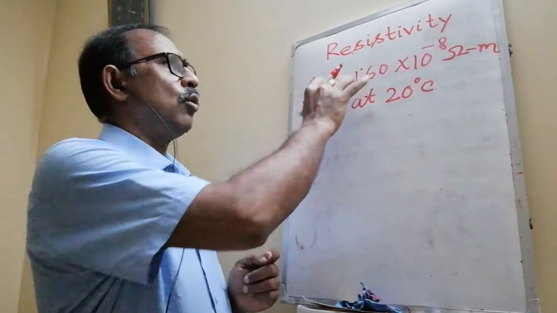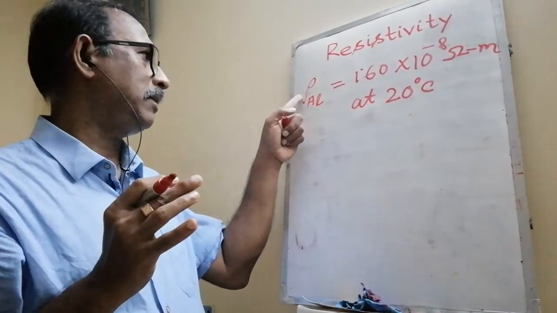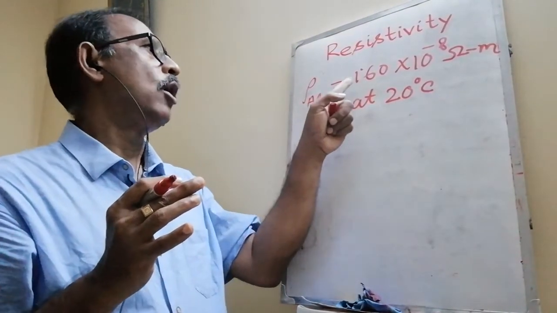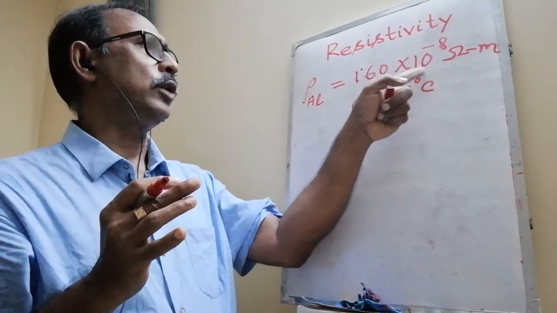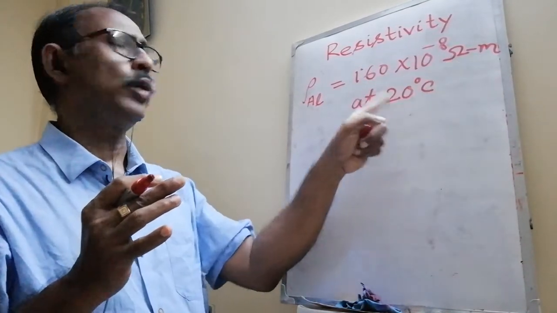Now, what is the meaning of it? The resistivity or specific resistance of aluminium is 1.60 into 10 to the power minus 8 ohm meter at 20 degrees centigrade.